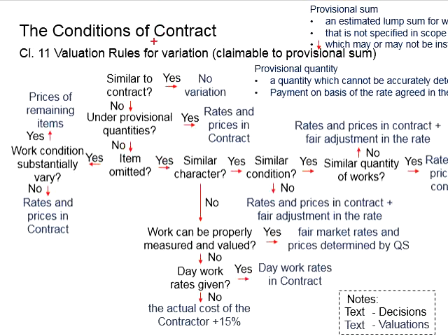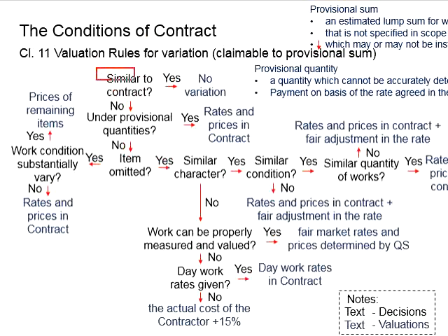Now, before the variations is claimable under the provisional sum, we will need to confirm two things. First is to determine whether it is a valid variations. This can be done by observing the content in the contract, whether there are additional scopes of work or any changes in terms of the design where the relevant cost has not been estimated or proposed by the contractors to the employers.